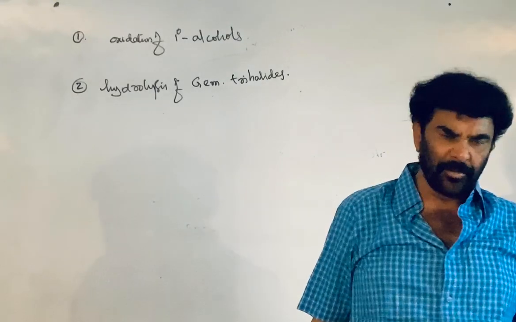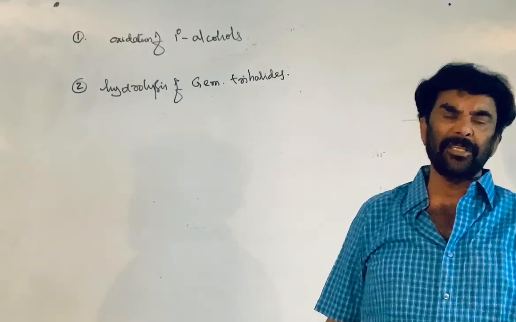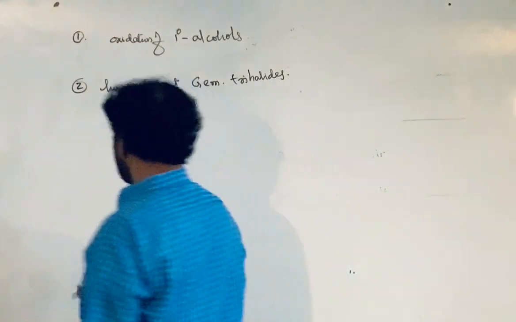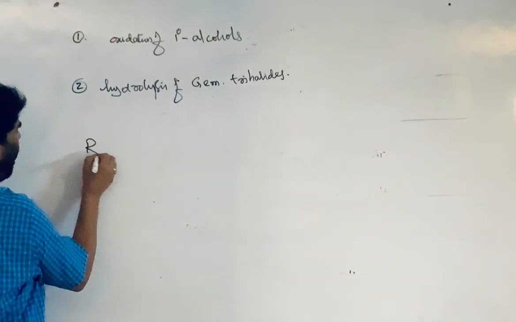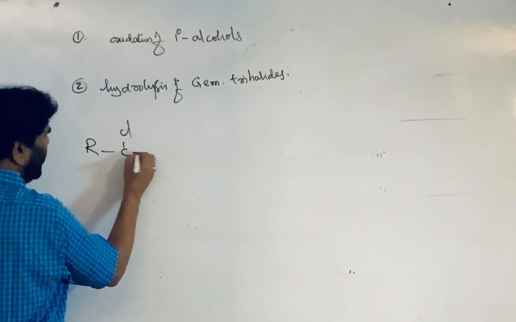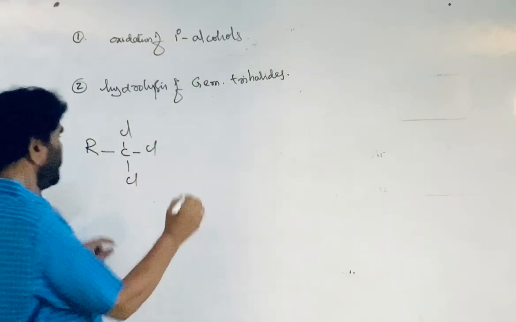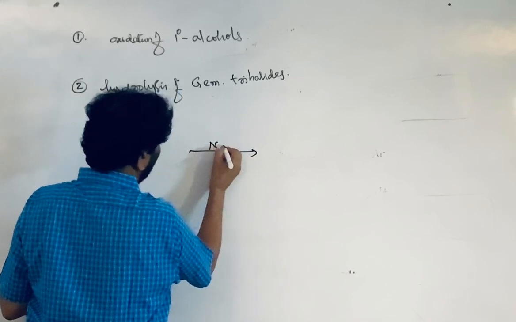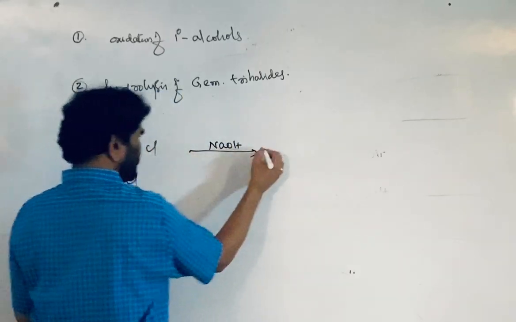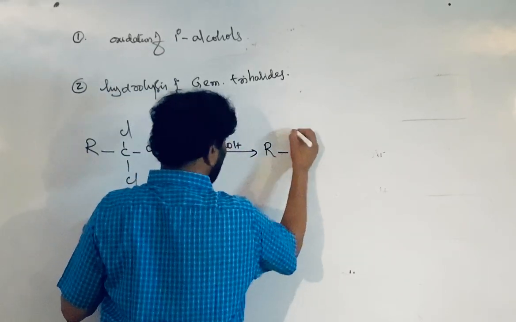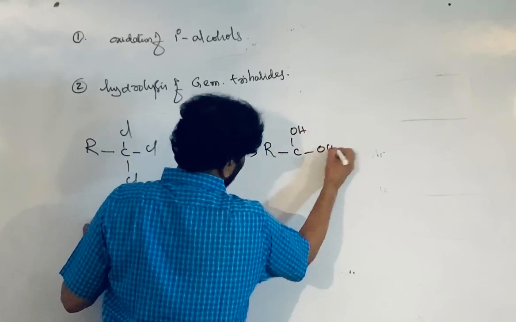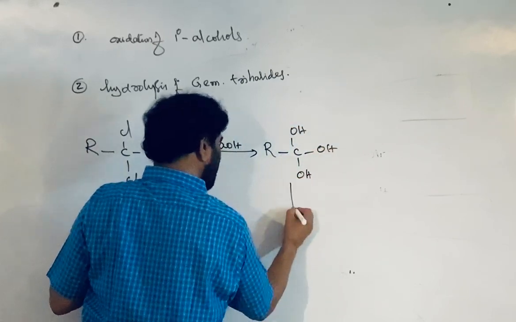Geminal means they are on the same carbon. Three halogen atoms can exist only on the terminal carbon, that is R-CCl3, or bromine or anything. On treatment with sodium hydroxide, hydrolysis takes place and a geminal triol is formed.